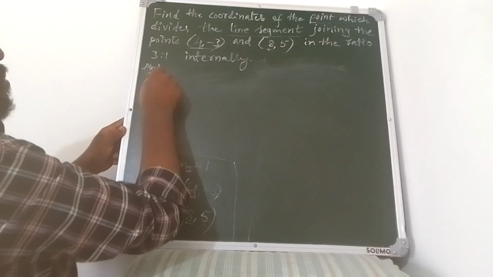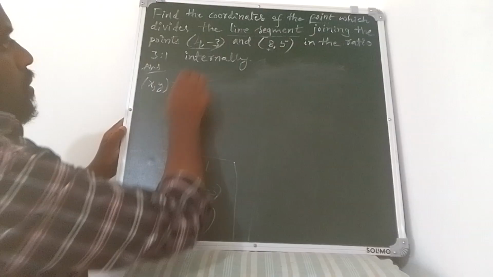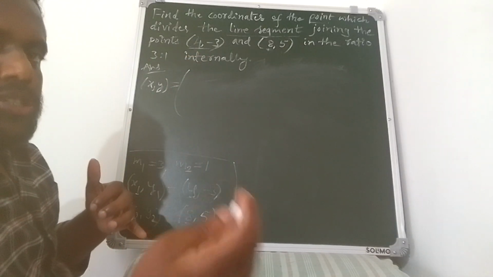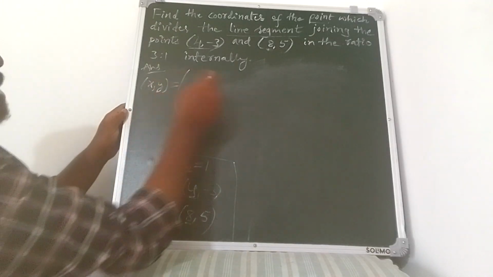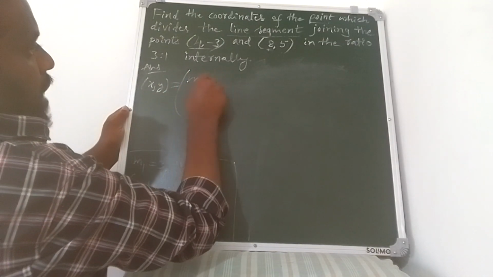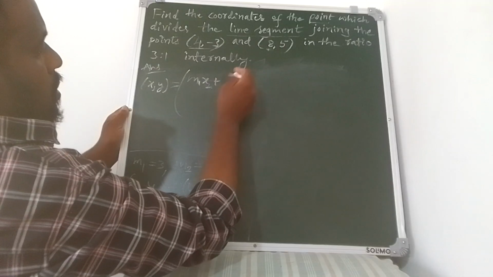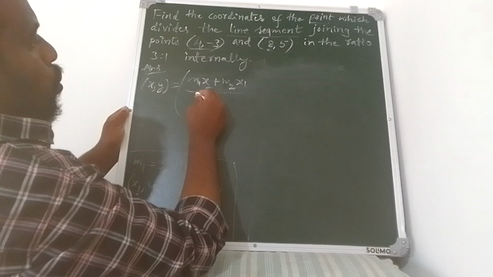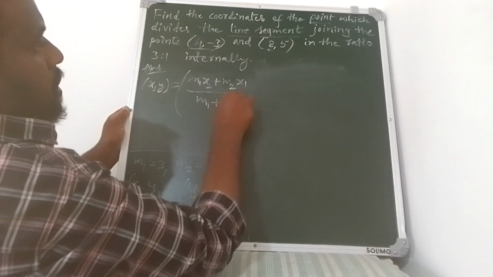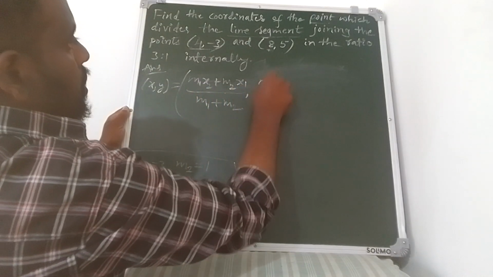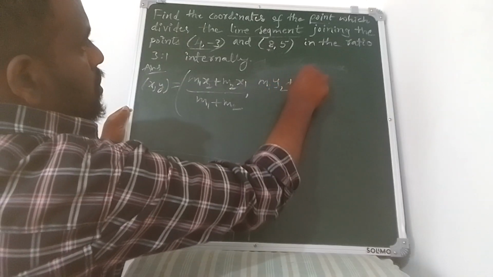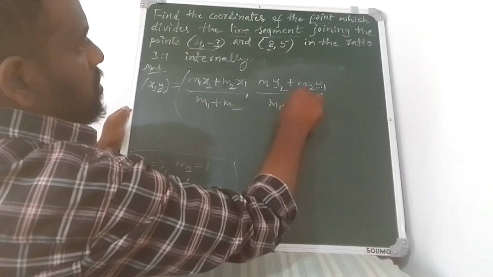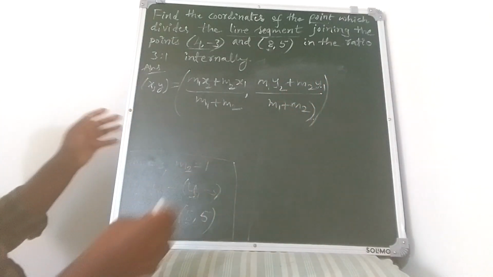So (x, y) is equal to (m1 x2 plus m2 x1) whole divided by (m1 plus m2), comma, (m1 y2 plus m2 y1) whole divided by (m1 plus m2). Whatever I erased, if you want to see it back, you just move the video backward.